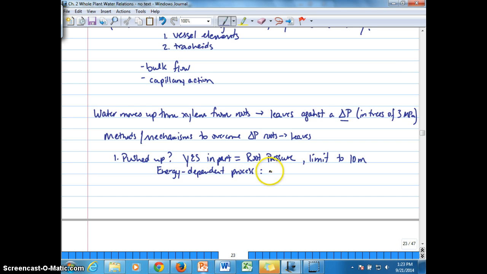where, remember, solutes or ions are actively transported during root uptake into xylem. And these solutes or ions reach root xylem with the flow of water.